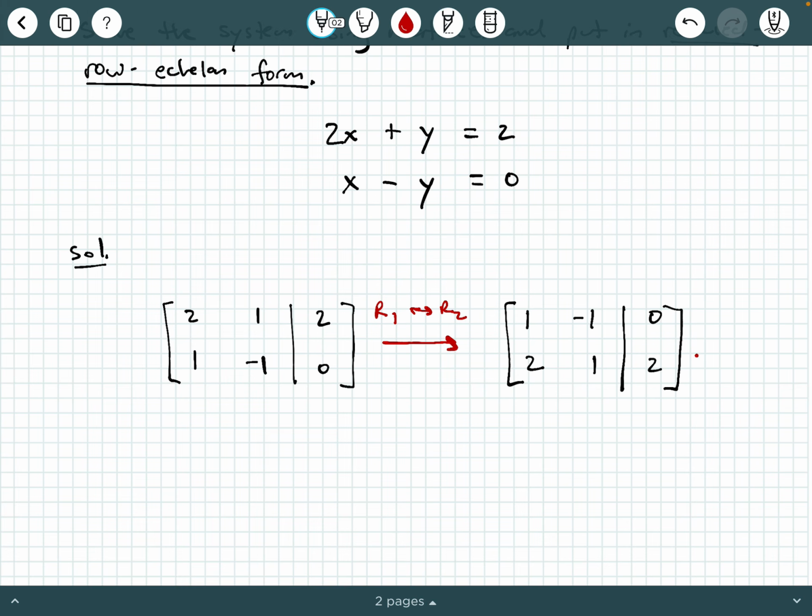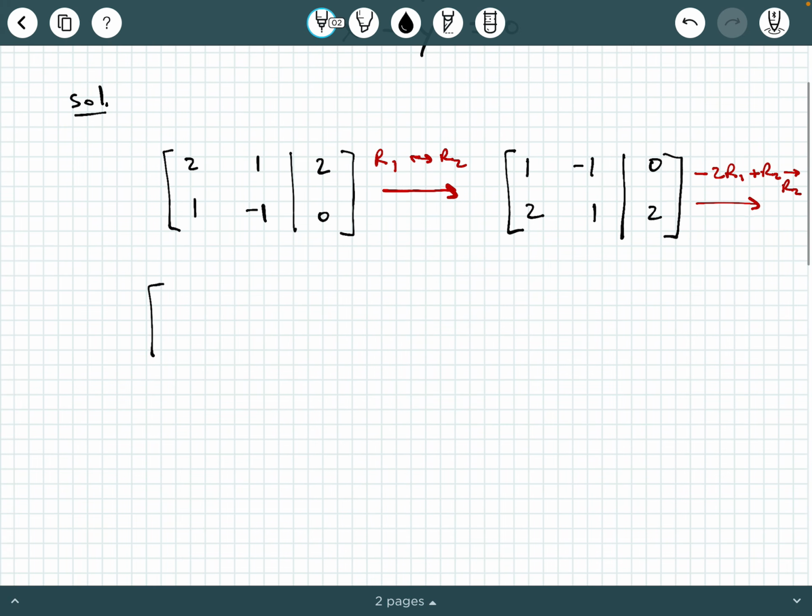So what I'm going to do is say -2 row 1 plus row 2 to change row 2. So I'm using row 1 to modify row 2, but I'm not actually doing anything to row 1, so I'm going to keep row 1 the same. I'm just using row 1 to change row 2.